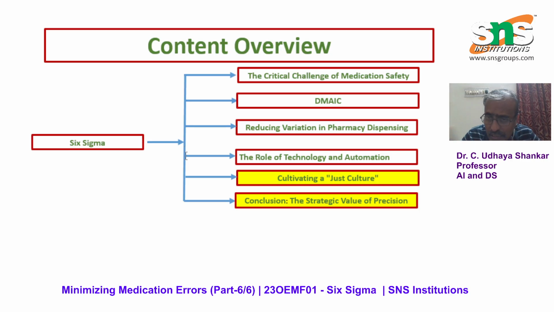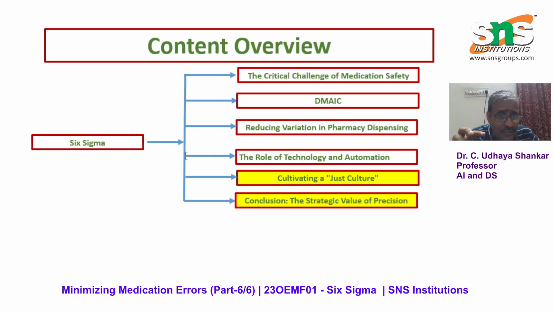Please understand, Six Sigma is not mathematics. It is about organizational culture. This is the first thing an MBA student should understand: Six Sigma is about organizational culture.